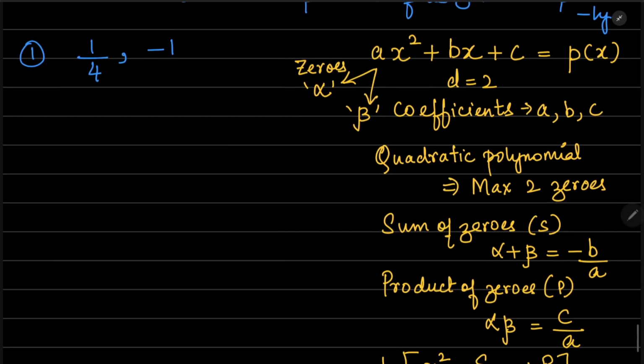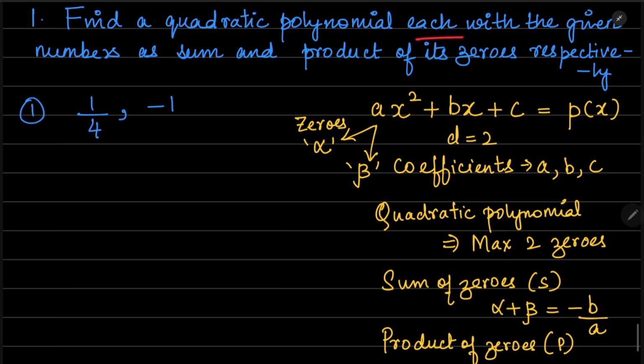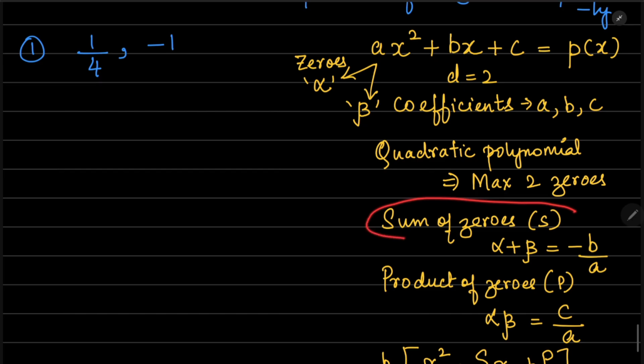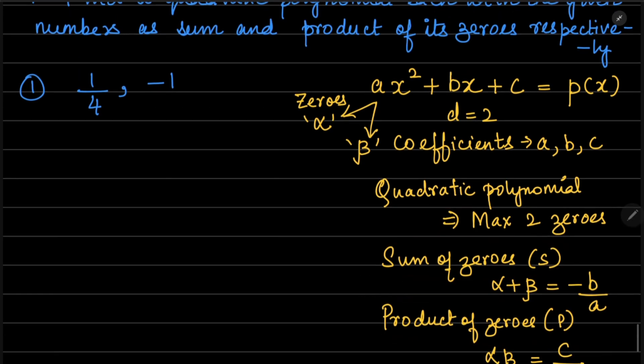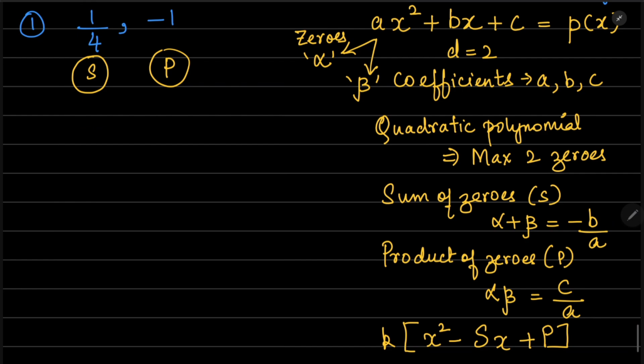Find a quadratic polynomial, each with the given numbers as sum and product of its zeros. As I told you, the sum of the zeros is given to you, the product of the zeros is given to you. So, let us do it. This is the sum and this is the product.